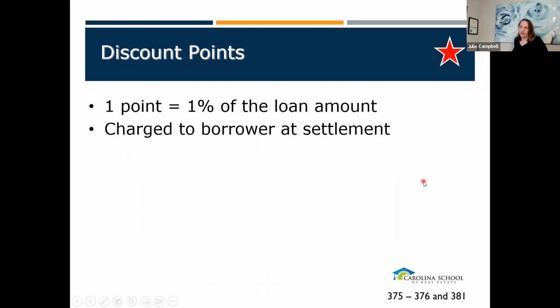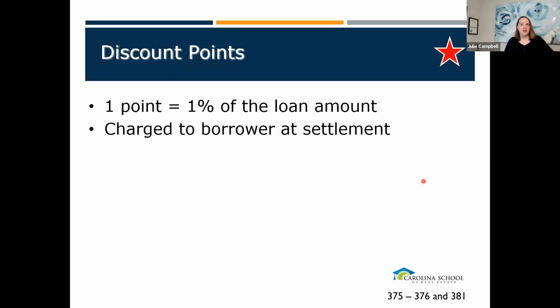Discount points equate to a percentage. One discount point is equal to 1% of the loan. What does the word "of" mean in a word problem? Yeah, multiply. So if the buyer's buying one discount point, how much money do they need to bring to closing?